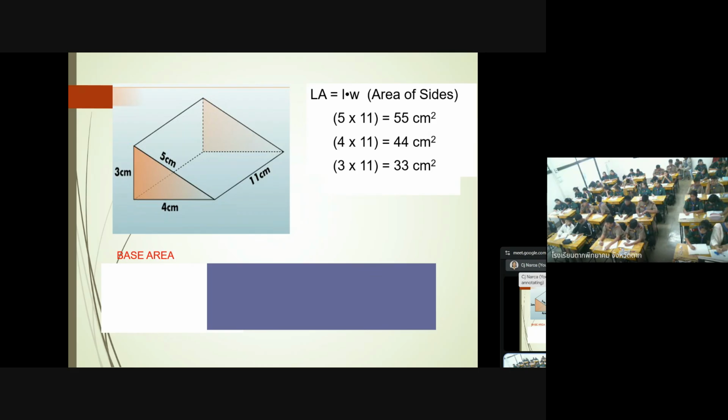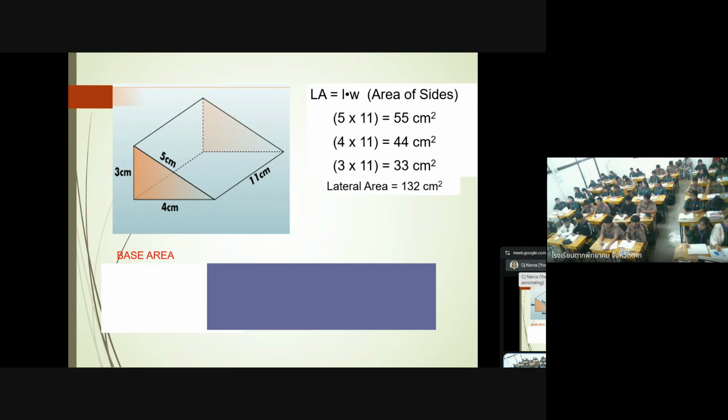Add everything. What is the answer? 132. Okay. Therefore, our lateral area is 132.